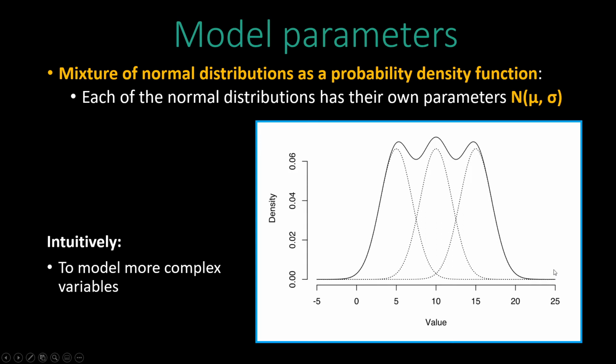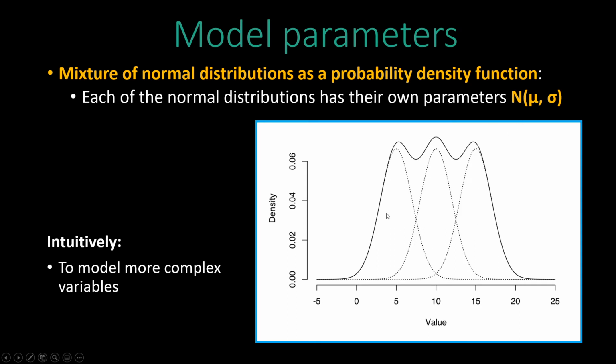And so it's a way to model a more complex behavior which is happening somewhere in nature, where maybe there is not just one peak, but maybe there are two or up to three or more. I don't know, however many peaks we need in the data that we are seeing. Okay, so each of these models is a mixture, meaning a combination of some previous normal distributions, and each of those previous normal distributions has its own parameters.